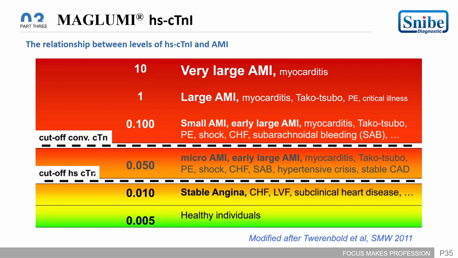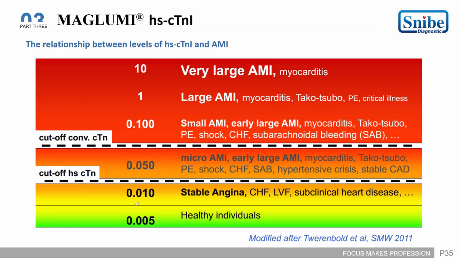But the cutoff for the high sensitive troponin I is 0.05, which shows you the micro acute myocardial infarction, because early detection helps them to start the treatment for this early acute myocardial infarction, or maybe an early large acute myocardial infarction along with myocarditis, CHF, shocks, PE values, hypertensive crisis, and stable coronary artery disease.